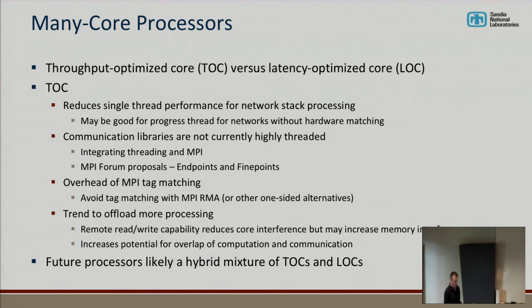But the other challenge I want to put out there, and I've had these discussions with the ECP folks in our applications in the Exascale Computing Project, and this is a fine place to talk about it, is that we say to our applications developers, we don't know what the right answer is for how to integrate threads in MPI. We have a couple of proposals in the forum with finepoints and endpoints. So this is what we're working on.